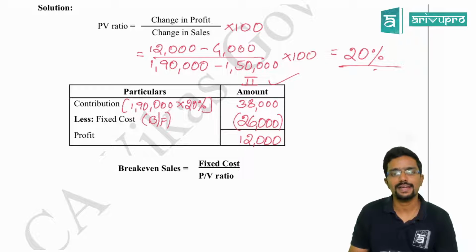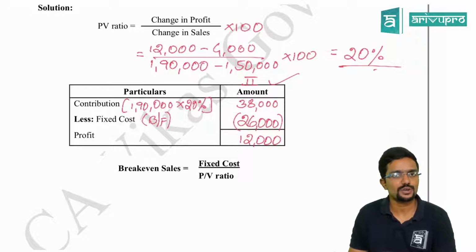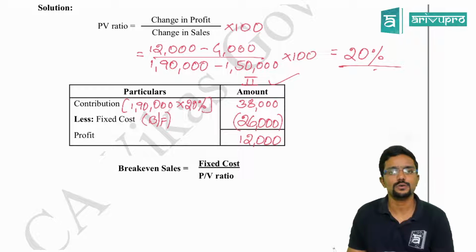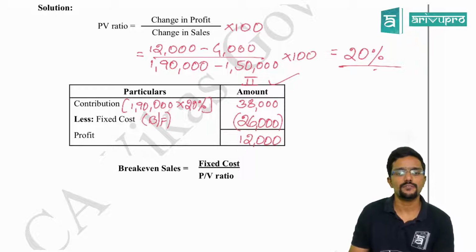If I do, I will get 38,000 contribution. From that, if I reduce fixed cost, I will get profit. But fixed cost is not given in the question, so I have to do reverse calculation. Profit is given as 12,000 for period 2. If I reduce 38,000 minus 12,000, I would get my fixed cost, which is like my balancing figure.